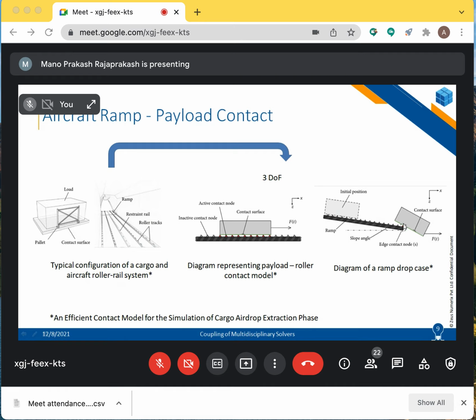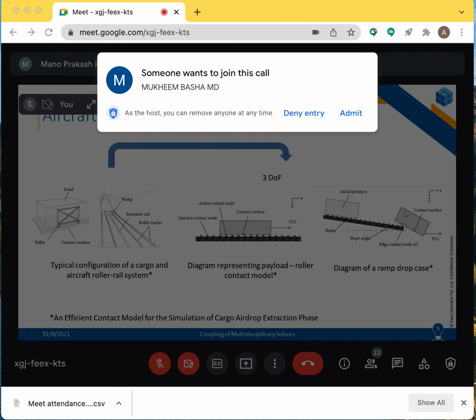It can have a very high pitch angle, so it can damage the aircraft. There are multiple safety issues associated with such drops, so in order to accurately predict those, such a high fidelity contact model is necessary.